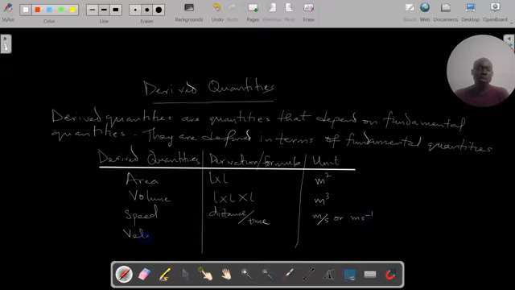Then we also have velocity, which is displacement divided by time. It is also meter per second, but you write it like this.